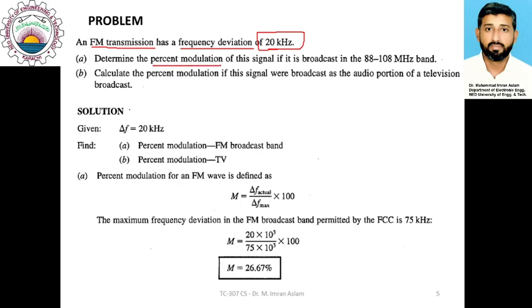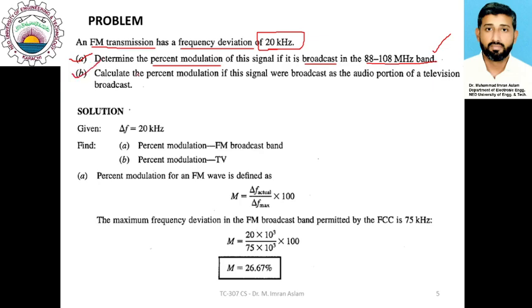Percent modulation is needed for two cases. The first is when the signal is broadcast as FM radio in the FM band of 88 to 108 megahertz. Whatever frequency they are allocated, they are transmitting a radio broadcast.